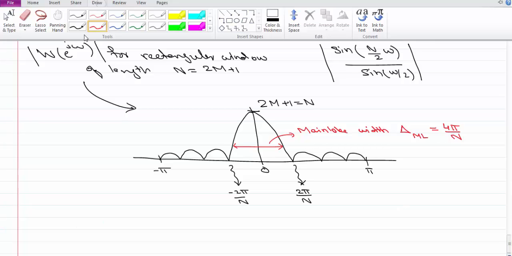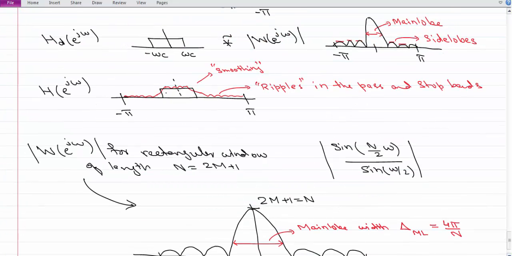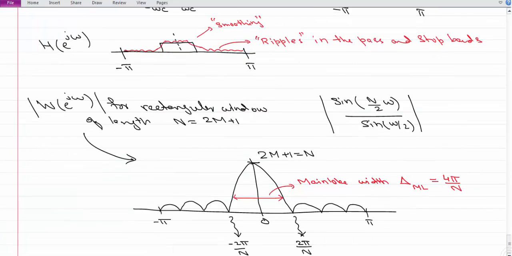Now, what is the function of main lobe width? The transition we talked about, there is a transition around the cutoff frequency, right? The transition is a function of the main lobe width.